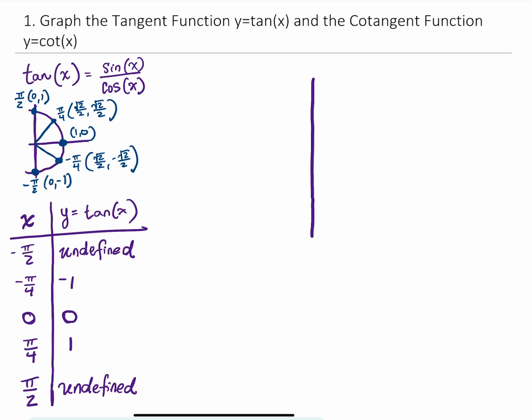I usually center it at the origin, and we're looking around that area. So I know at negative pi over 2 and at positive pi over 2, we should have vertical asymptotes, and then this would be negative pi over 4 and positive pi over 4, half of that distance.